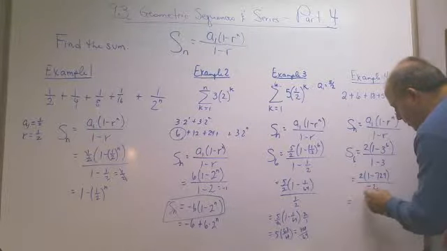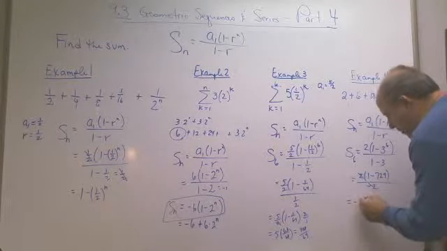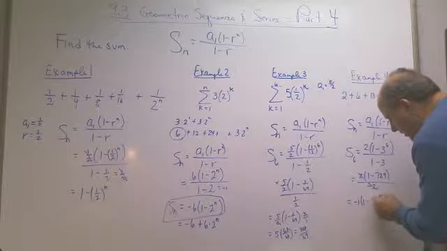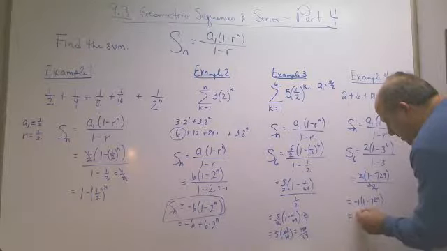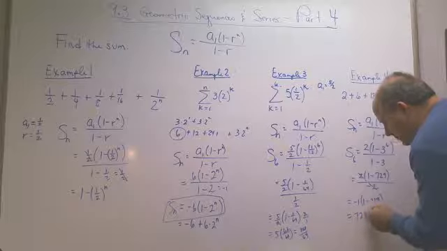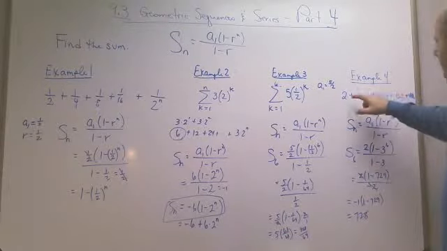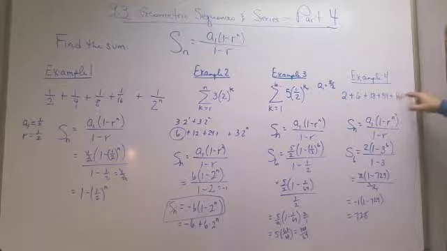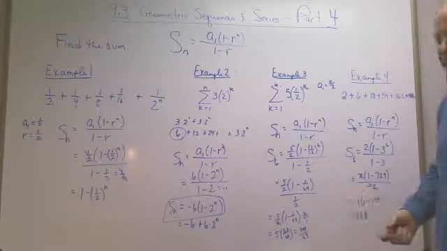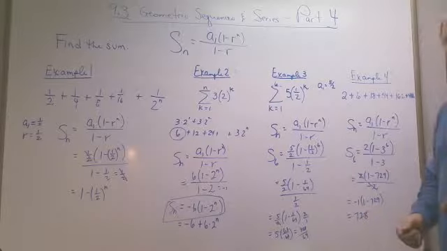So the 2's cancel. So it's going to be negative 1 times 1 minus 729. And after all the smoke is clear, it's going to be 728. And that means if you add up 2 plus 6 plus 18 plus 54 plus 162 plus 486, what an 8th grader would do, they get 728 as well.